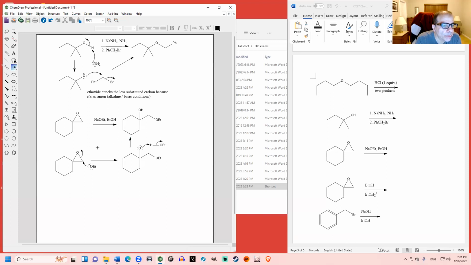And that then gives you the product. So that's how ring opening of epoxides looks in alkaline conditions. Make sense?